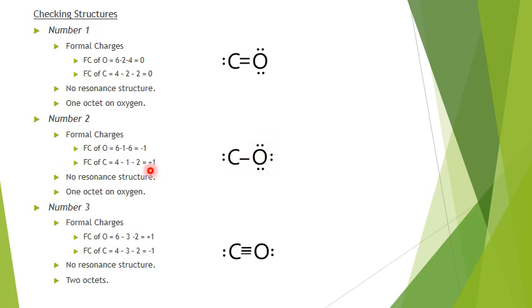Here the negative is on the oxygen, which is more electronegative. In this case, it puts the negative formal charge on carbon, which doesn't make a whole lot of sense. It's kind of saying that carbon has a stronger pull on electrons than oxygen. So this structure ends up being kind of weird. All right, there's no resonance structure, but it has 2 octets.